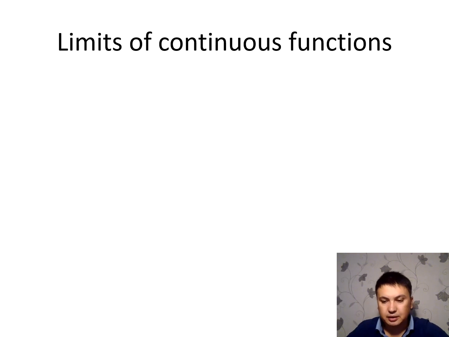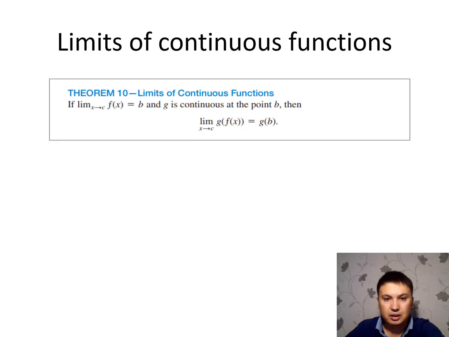Limits of continuous functions. Well, this is a theorem. In fact, it's immediate from the definition. This is about taking the composition, but basically what it says is the limit of g of f of x is just g of b.